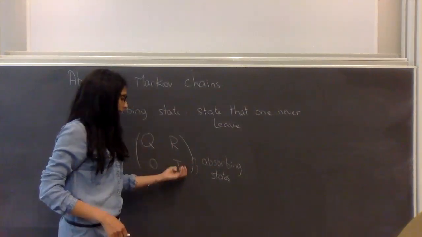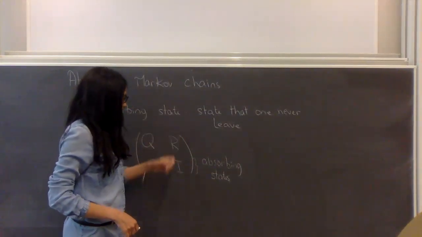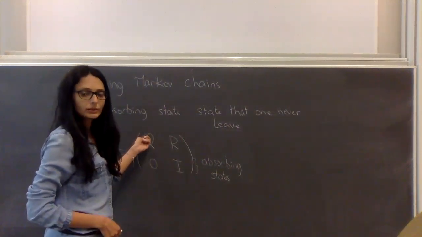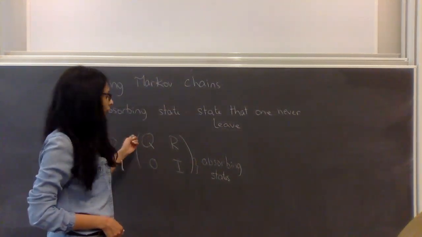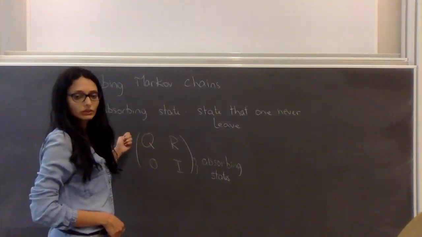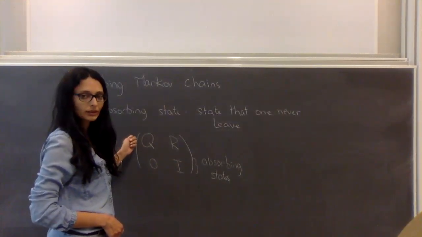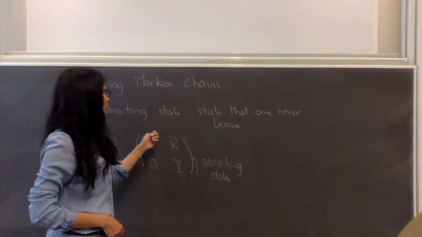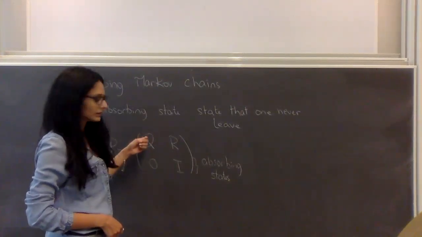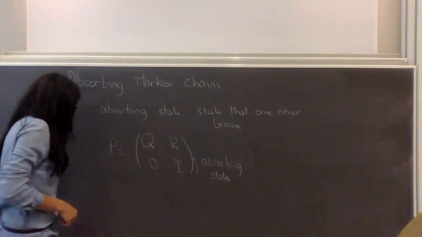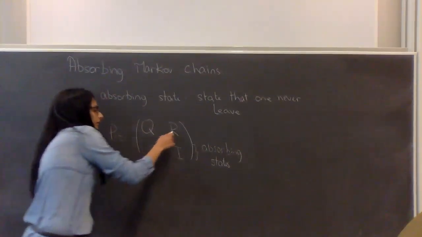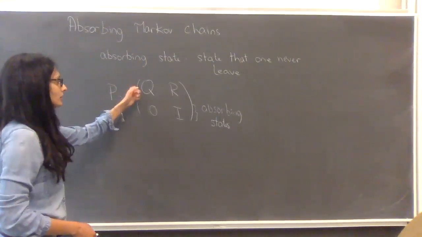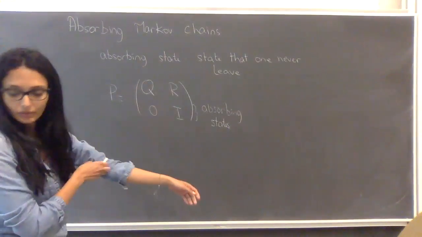And these will be the absorbing states. Q is a matrix that gives me the probability of going from a non-absorbing state to a non-absorbing state. The non-absorbing states are called transient states. And R is a matrix that gives me the probability of going from a non-absorbing state to an absorbing state.